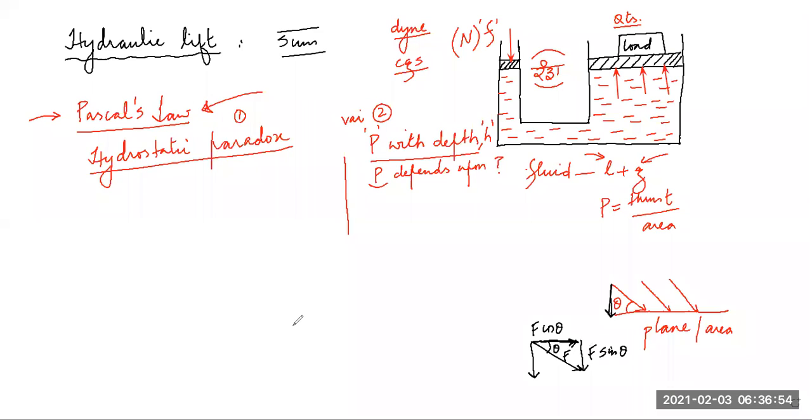Always remember this. Let's say this is some 5 Newton force, and let's say this angle is 10 degree. So this component will be 5 cos 10, and the other component will be 5 sine 10. Always remember, the sine component will always be opposite to the angle.